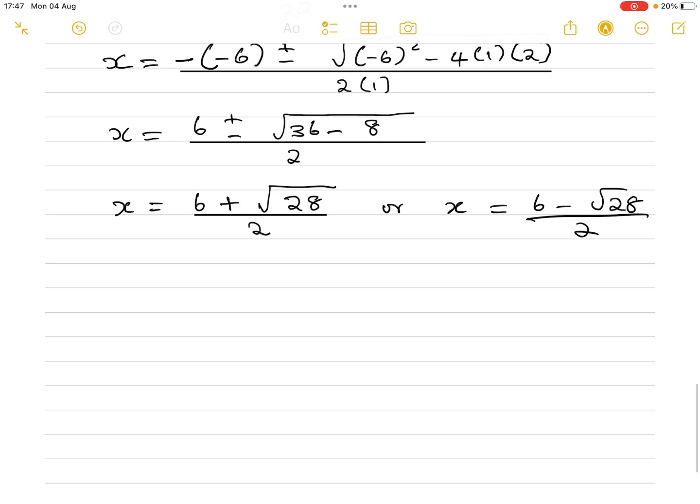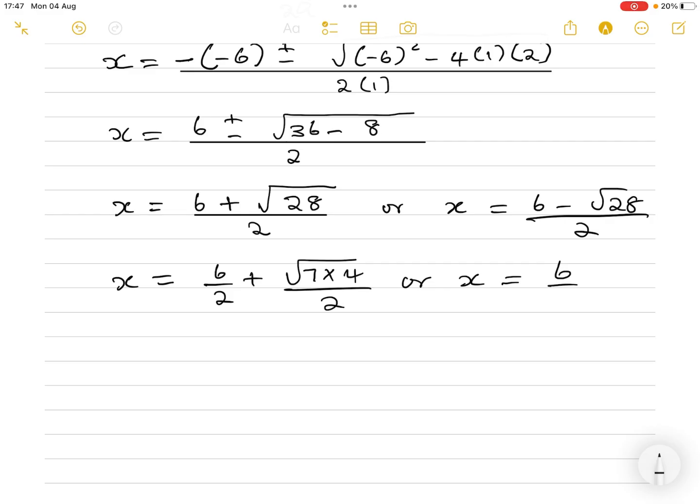Then what is next? Remember that the statement says correct to 2 decimal places. So this one is the same as 6 over 2 plus, here it's square root of 7 times 4 divided by 2, using the knowledge that you learned of dividing a binomial by a monomial.